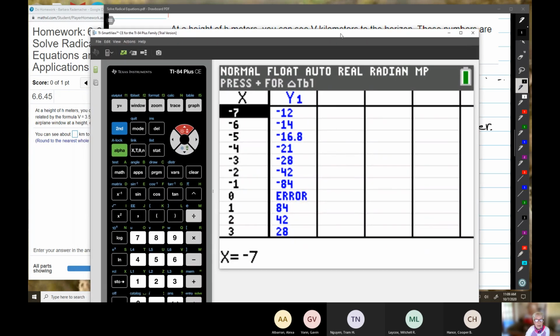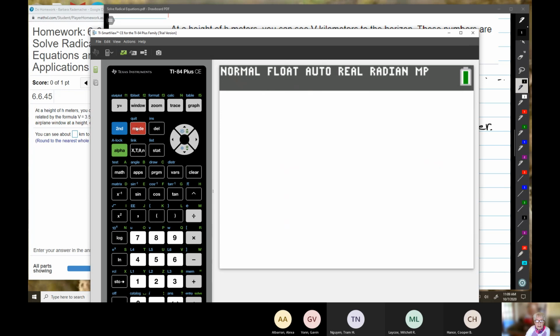Okay, so I'm going to clear. I'm going to go second quit. That gives me my blank screen. Sometimes clearing is enough. Sometimes second quit works. I haven't found a rule yet. If one doesn't work, I do the other. Either clear or second mode right there. I'm pointing with my finger.